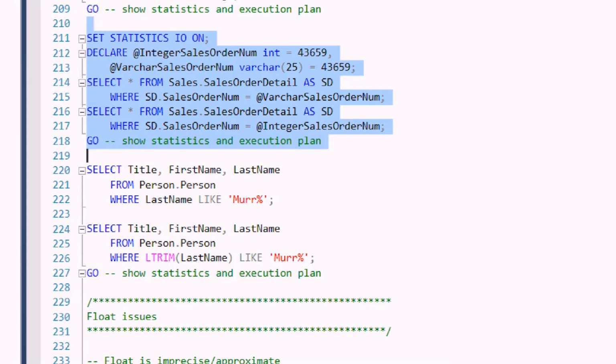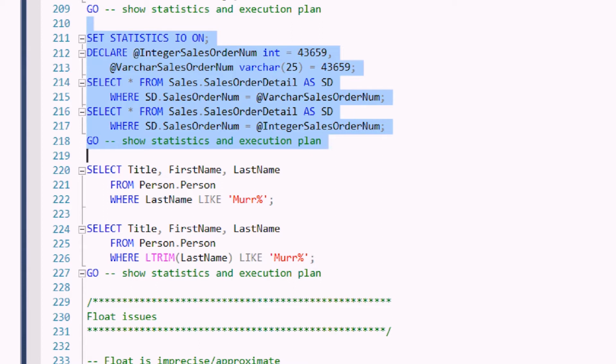So in this case, we have a sales order number equal to a variable that's a varchar, and this one is equal to an integer. In both of these cases, the column is by itself on one side of the comparison operator, so it looks like it's sargeable. But did you know that SQL Server cannot directly compare 2 things that are different data types?